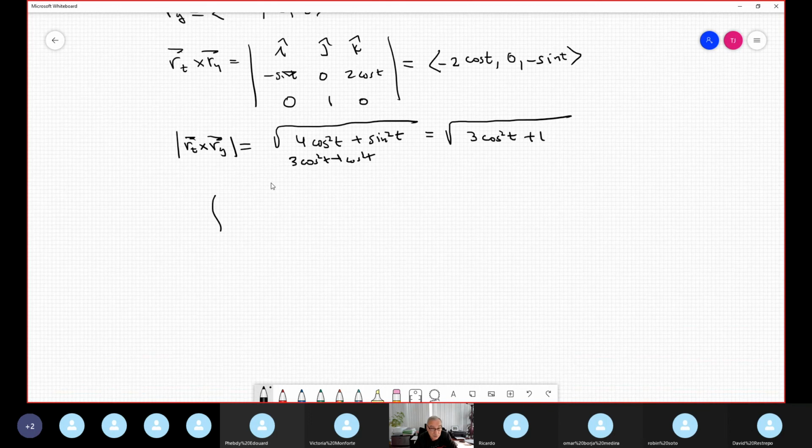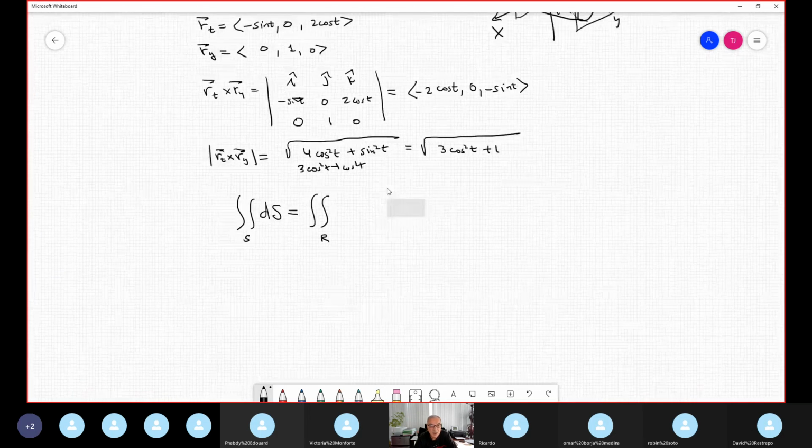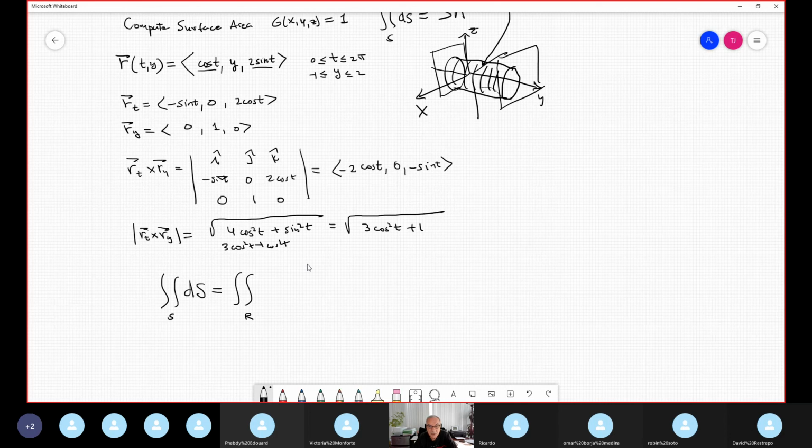Then, to find the surface area, the surface integral dS is equal to a double integral in R. Okay, but who is R? I am lost. Who is R? R is the parameterization we did before. R region is T, Y. This is T and Y, my two new parameters.